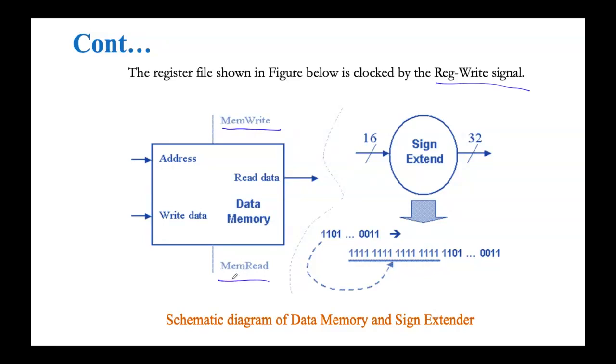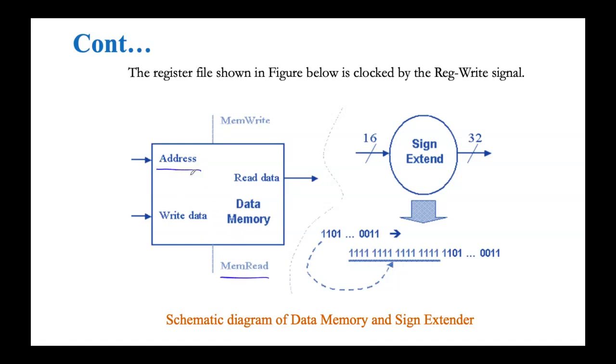When the memory read signal is given by your control unit, then these two ports are going to be enabled. Two input ports of your data memory are enabled, but only one port will be activated.